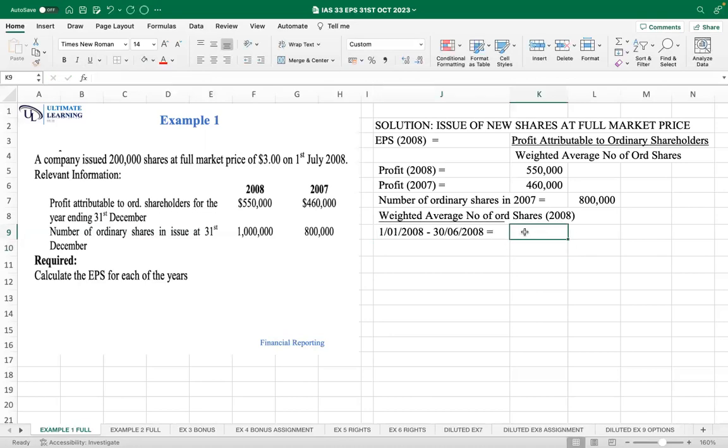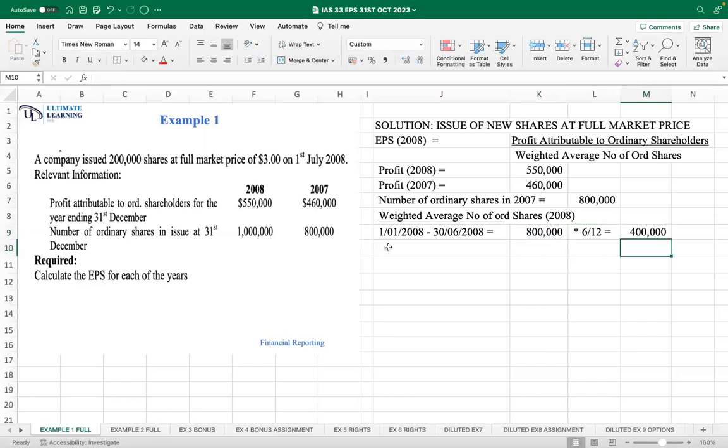So just before new shares were issued, we had 800,000 shares. So between 1st January 2008 and 30th June 2008, we had 800,000 shares, and that is a period of 6 months. So we will prorate it by multiplying it by 6/12 because those are 6 months. So what does that give us? It gives us a value of 800,000 times 6 divided by 12.